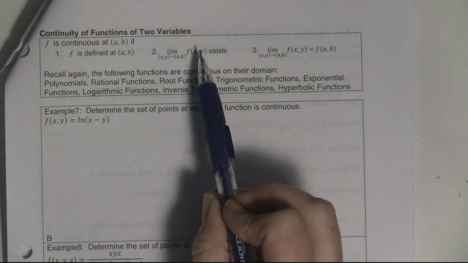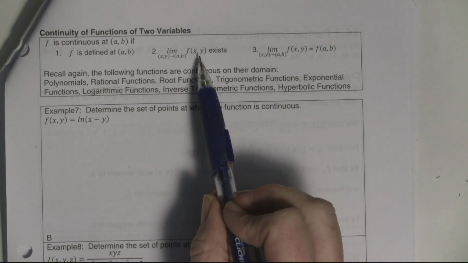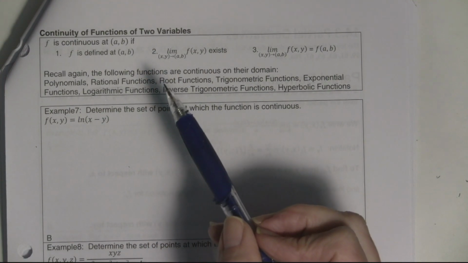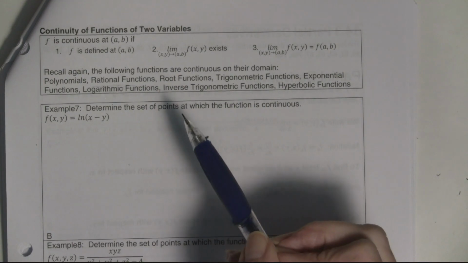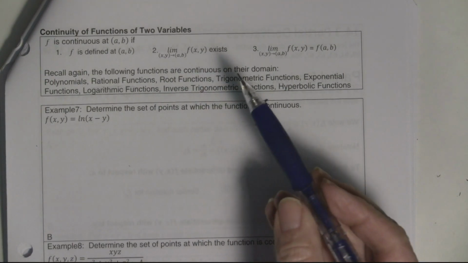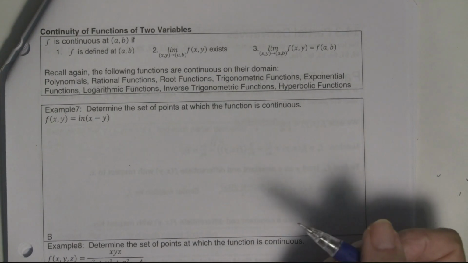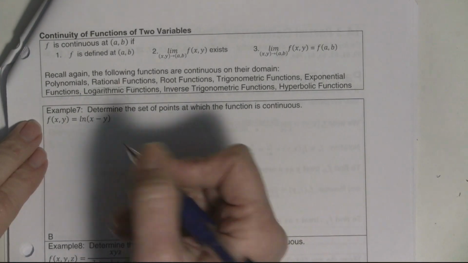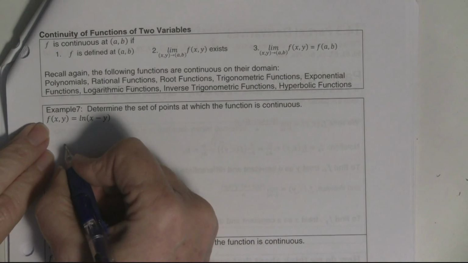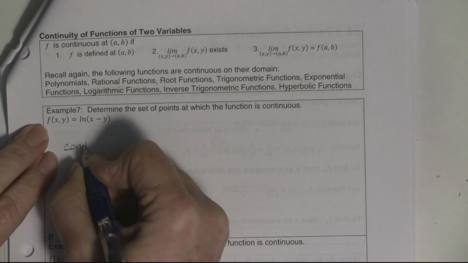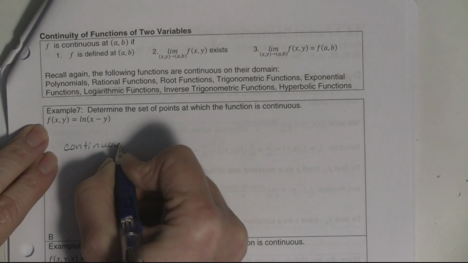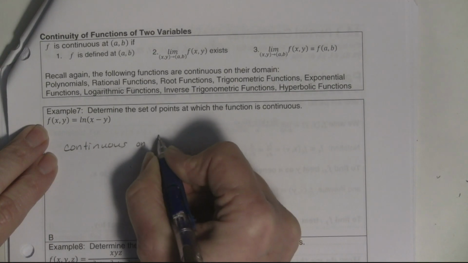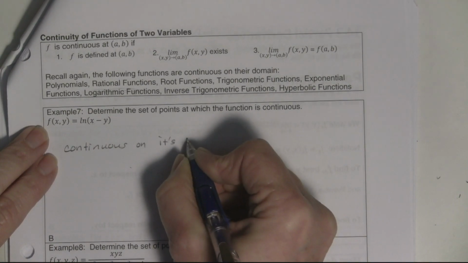So I don't have to use the continuity checklist on this because it's one of my friends, and I can say that it's continuous on its domain. Because it's a logarithmic function, it's continuous on its domain.